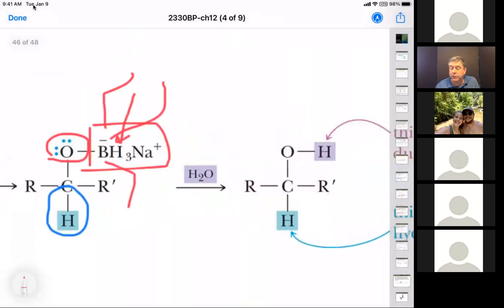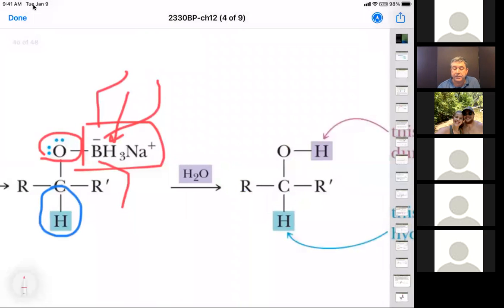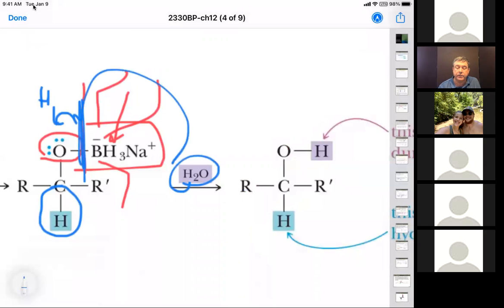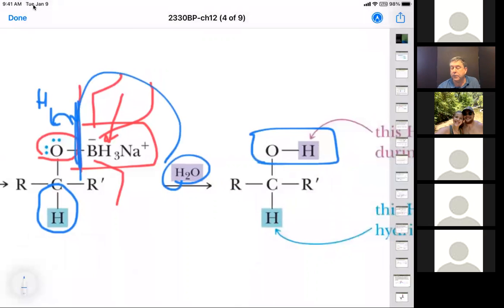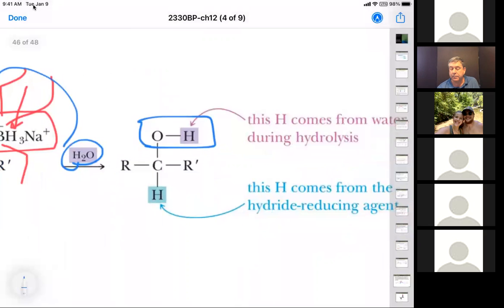Okay, and then once you decompose it, what happens is we break this bond with water, giving us a hydrogen going to the oxygen there, giving us our alcohol, and the OH is going off to the boron to give us some kind of boron salt.